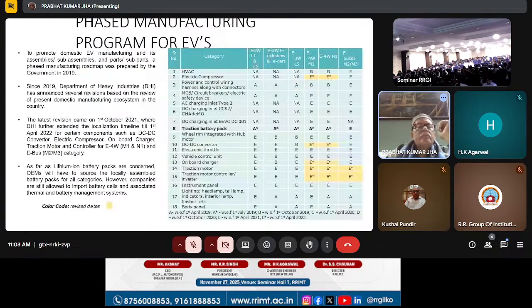And then phased manufacturing program for EVs, you see there are 18 headings: the body panel, the instrument panel, the vehicle control unit, the DC converter, the electronic throttle, and all these things like that. So you can go through this also.